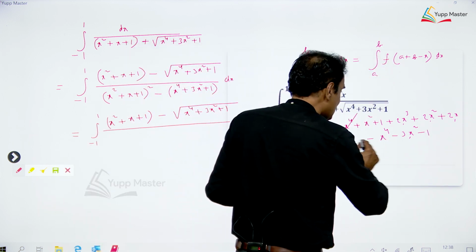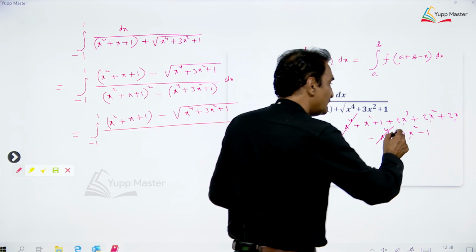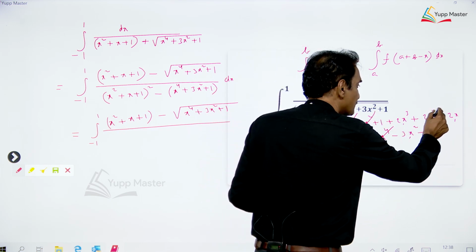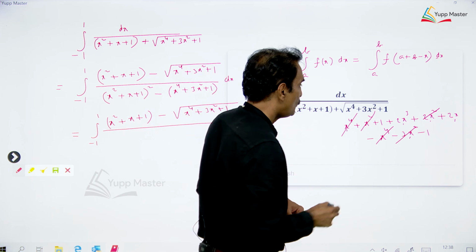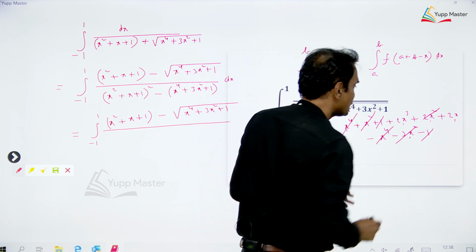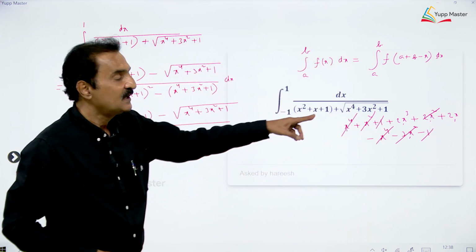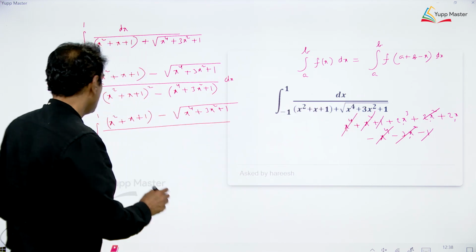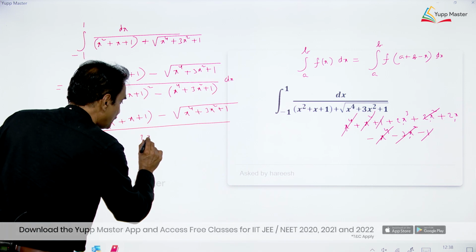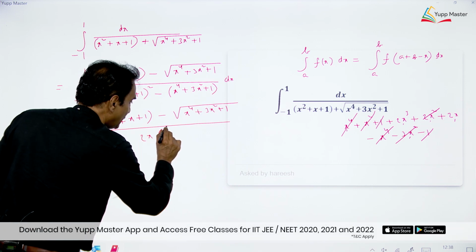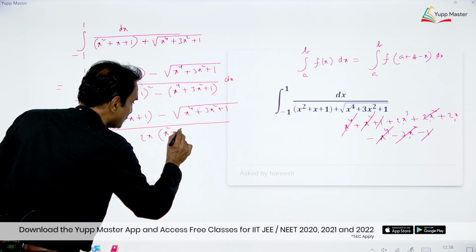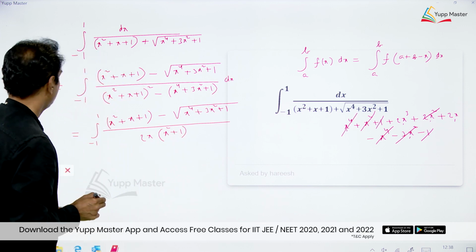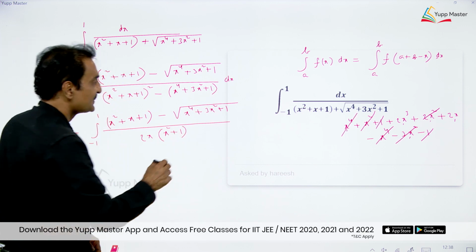Now, x power 4 cancels, 3x square also cancels, 1 also cancels. So, only 2 terms are remaining, 2x cube plus 2x. You can take 2x common, you will get 2x into x square plus 1, dx.